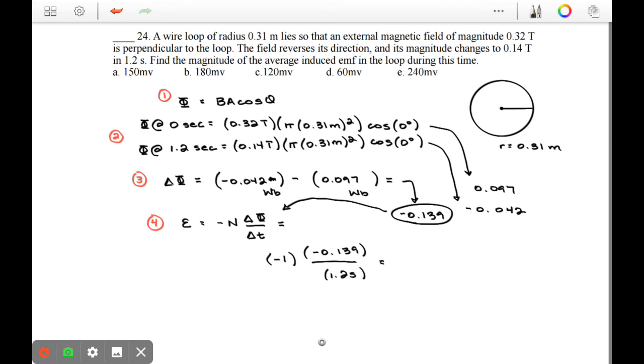So this will ultimately give me a value for the average induced EMF of 1.12 volts. But since all the answers are in millivolts, I can easily convert this by multiplying by 1,000, which gives me a final answer of 120 millivolts. So that means my answer for 24 is C.